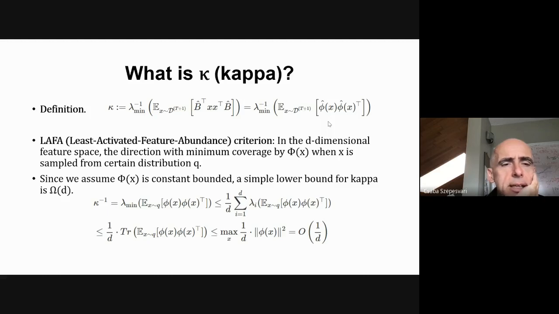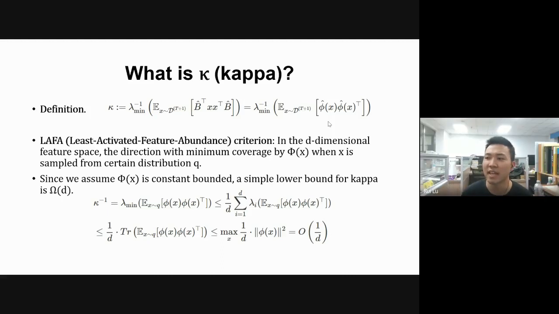So this is just the Kiefer-Wolfowitz theorem, optimal design. Usually for a target task, maybe you can come up with some algorithms to control it to be closer to d. But if you don't know, we just put this kappa as the criterion. That's why we call it the Loffa criterion.